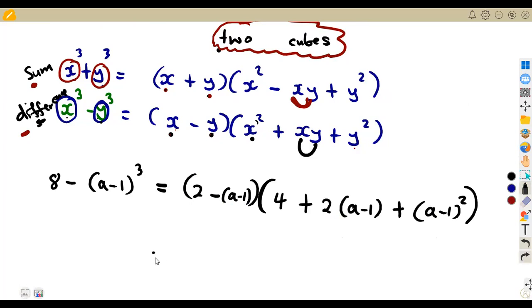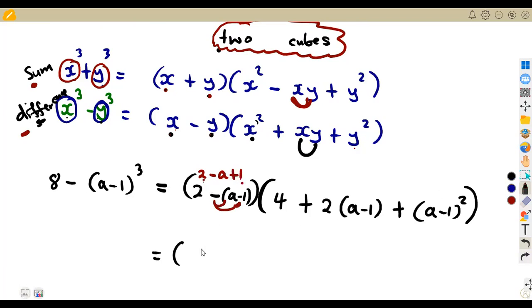So let's simplify. Let's start with the first bracket. What is happening in the first bracket? Okay, we've got a negative here, so we're just going to expand the bracket. So this will be 2, minus times a, which will be minus a, minus times minus 1, so that will be a plus 1. So it's 2 plus 1, which is a 3, right?